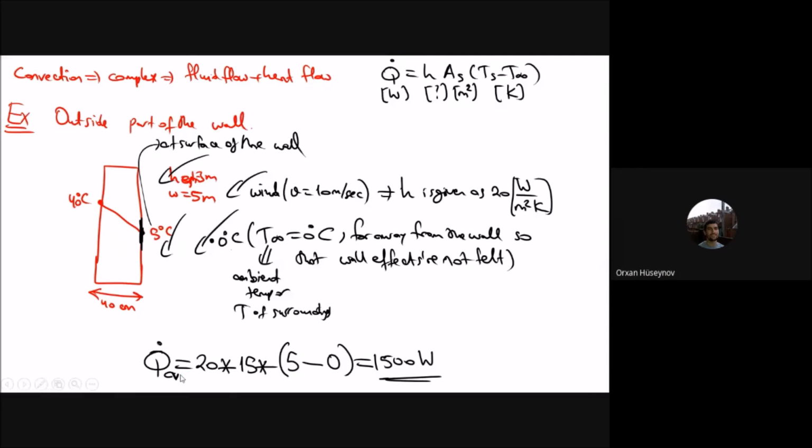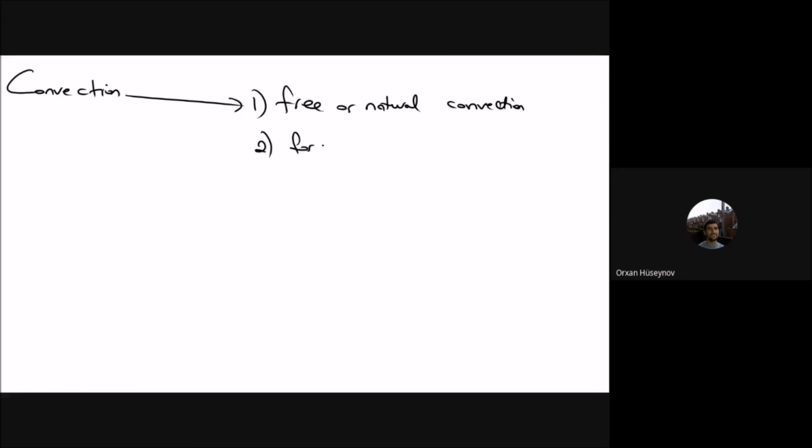For the convection part, we have two types of convection. The first type is free or natural convection, and the second type is forced convection. Let me give you a forced convection example.